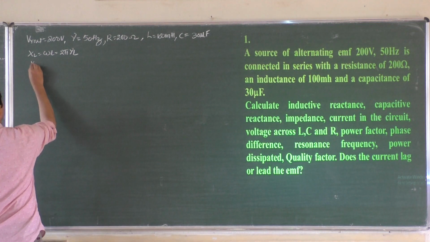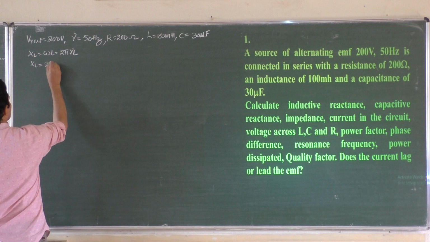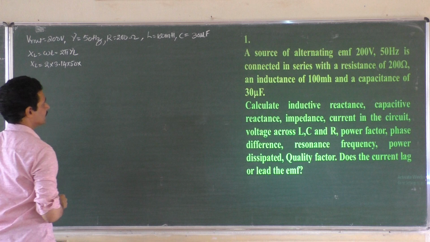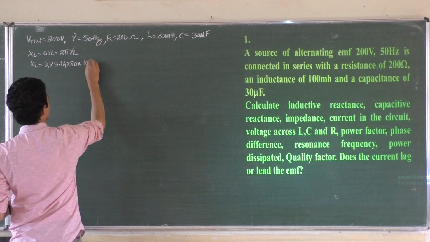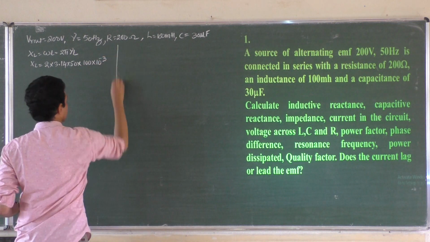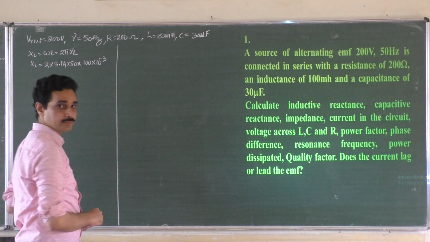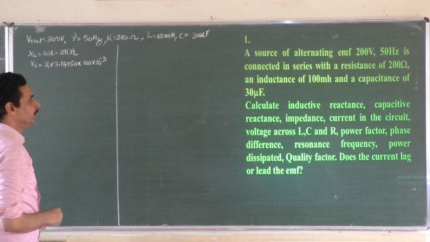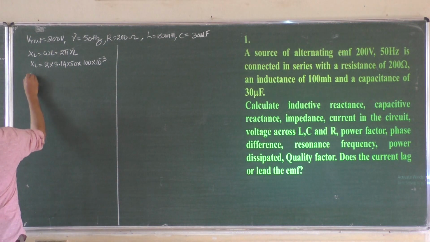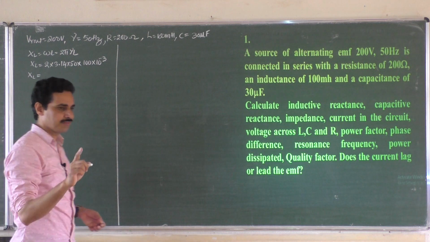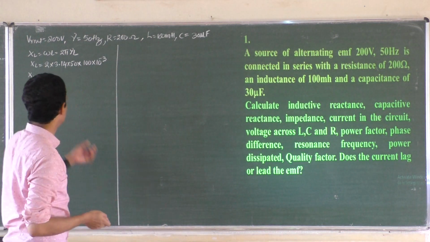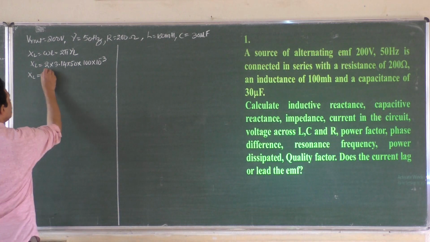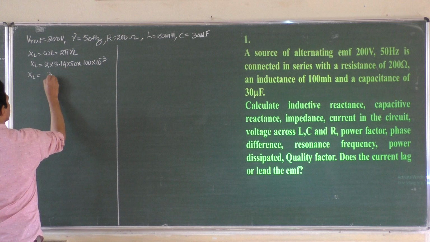XL is equal to 2 pi nu L, that is 50 hertz. Inductance is 100 millihenry, 100 into 10 to the power minus 3. Always remember, if the frequency of AC is 50 hertz, you have an advantage here. 2 pi nu will be 314, because 2 into 50 is 100, and 100 into 3.14 is 314.